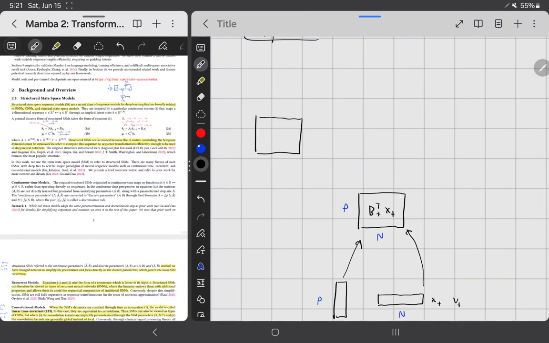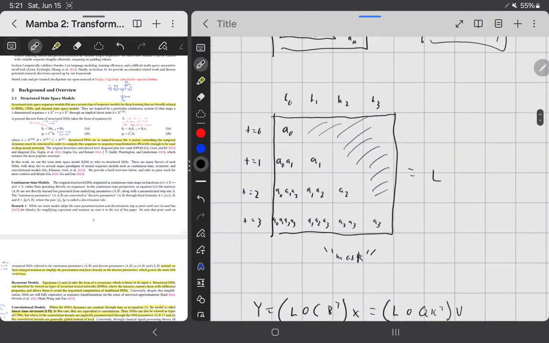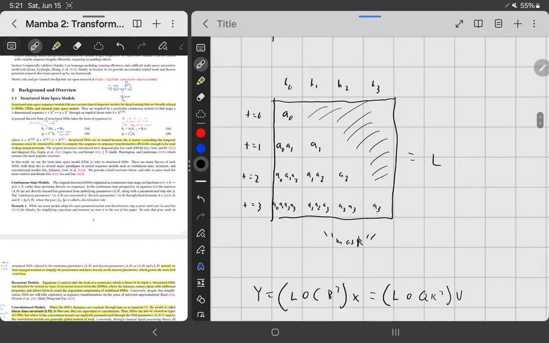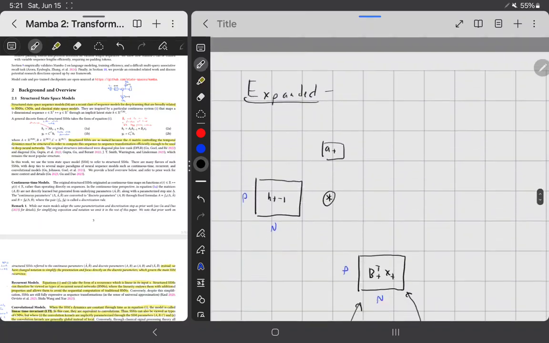This hidden state is going to be a P by N matrix, and this is the hidden state at t minus 1. Now we multiply this hidden state by the scalar A_t. At time 0 it would be A0, at time 1 it would be A1, and this gives you this compounding A, because you keep multiplying as you increase the sequence length.